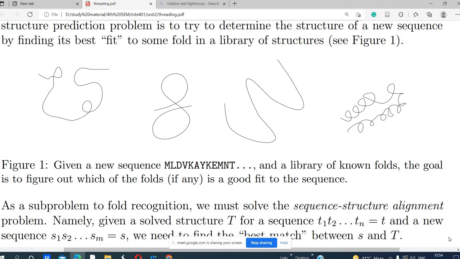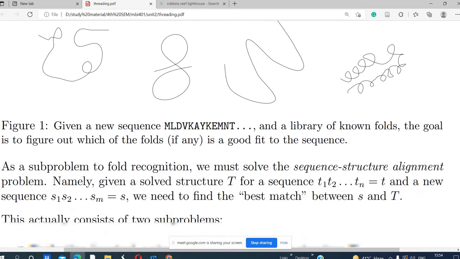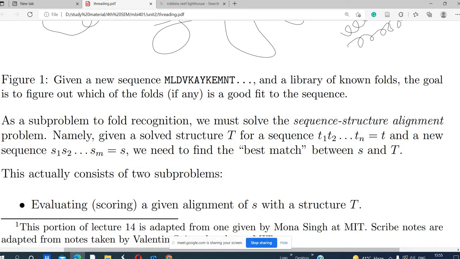As a sub-problem to fold recognition, we must solve the sequence structure alignment problem. Namely, given a solved structure T, suppose S is the unknown sequence and T is the structure, with T1, T2, up to Tn, and a new sequence S1, S2, up to Sm.